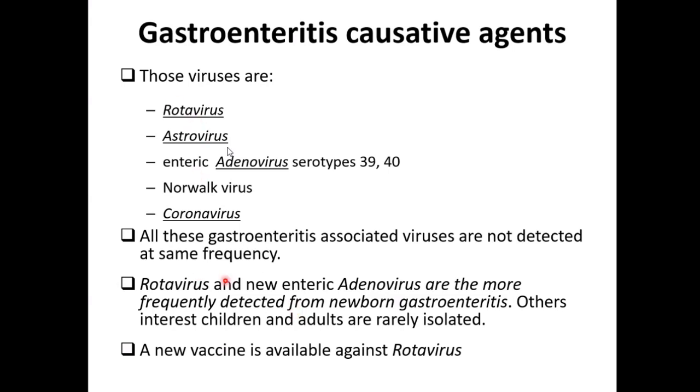We have rotaviruses and adenoviruses, which are the most frequent in newborn gastroenteritis, and others mostly for children, but adults are rarely infected or rarely get disease, gastroenteritis, unless they have some other underlying condition. There is a new vaccine for rotavirus, for example, that limits disease in some children.